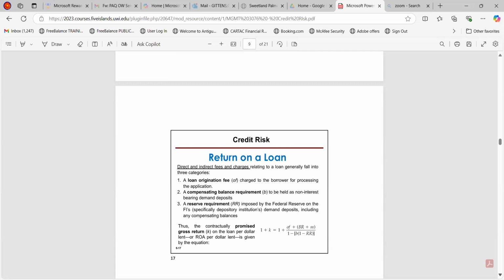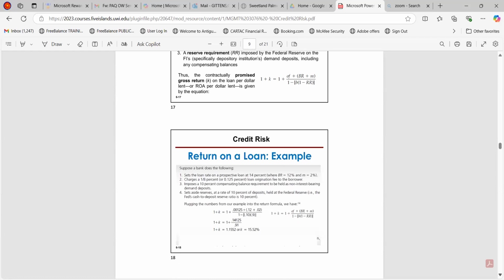So we're going to break that down, and we're going to go through this example, but I just want to finish going through the different aspects of monitoring and determining the amount of credit risk that the financial institution is exposed to.